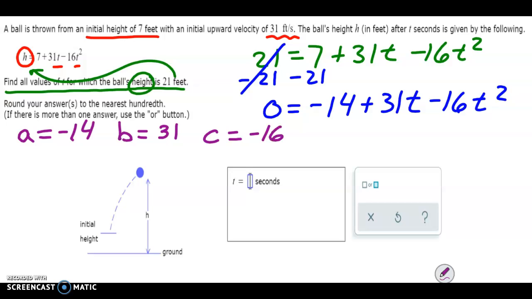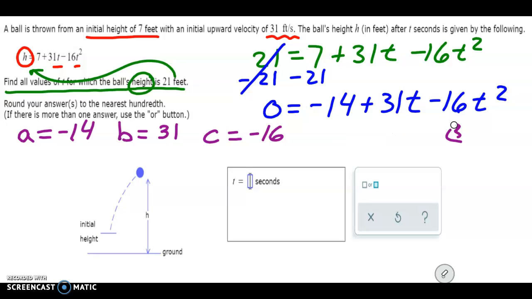That is incorrect. And if this were a presentation going on here in class, I'd ask you why. But right now, I just have to tell you the fact that this is not yet in standard form. You don't pick your A, B, and C just based on what's first, second, and third. You pick your A, B, and C based on what they're attached to.